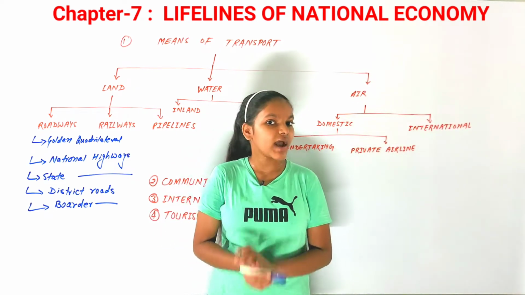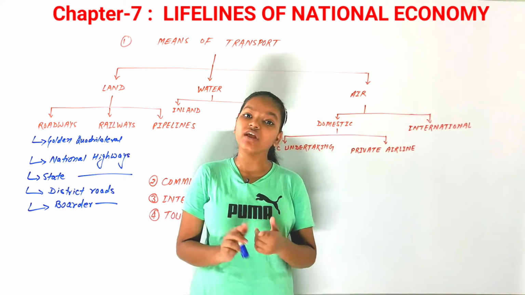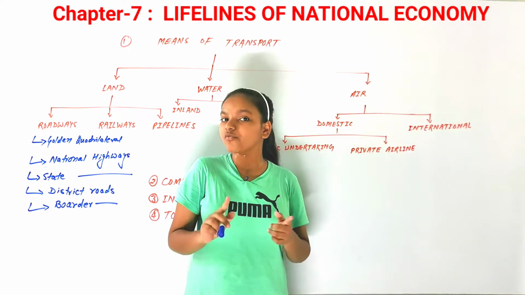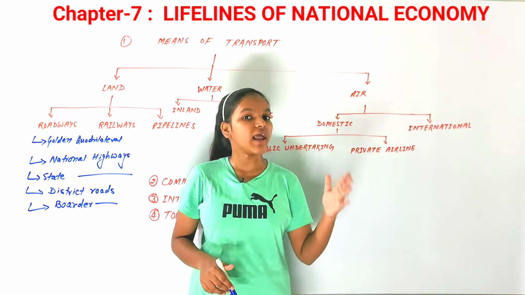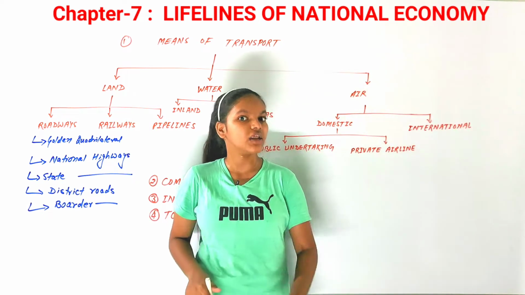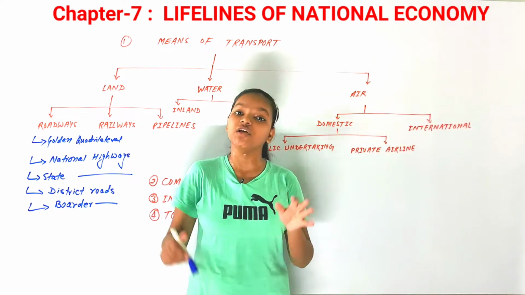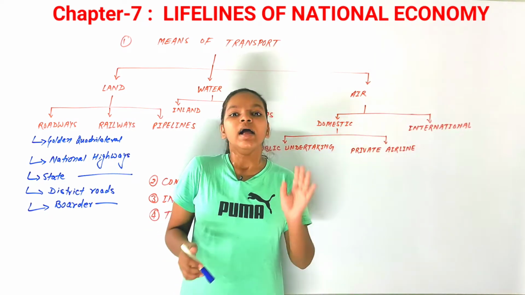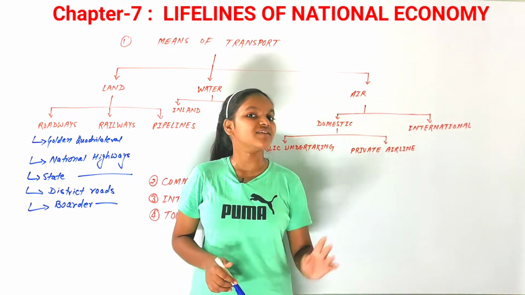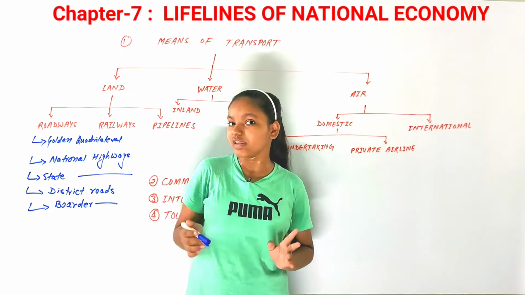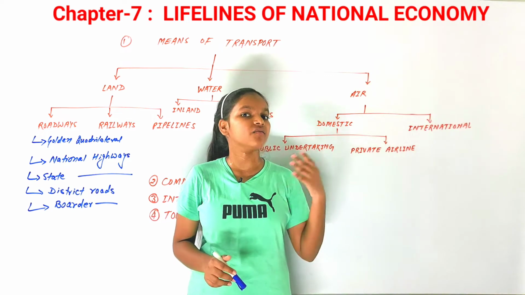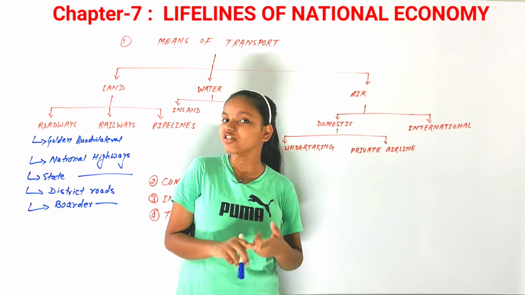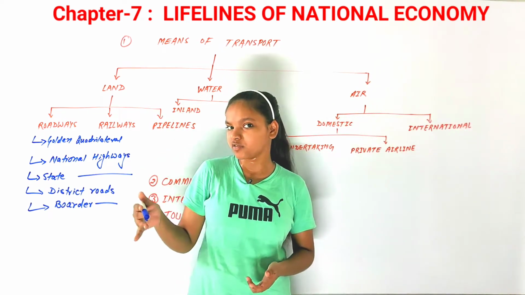So for the pace of development, trade and transport, production of goods and services as well as their transportation from the supply location to the consumer location is very, very important for the development of our country. Transport takes place on the three major domains of the earth, that are land, air and water, and thus we have three kinds of transport: land transport, air transport and water transport.